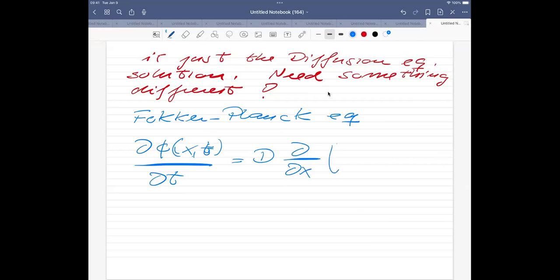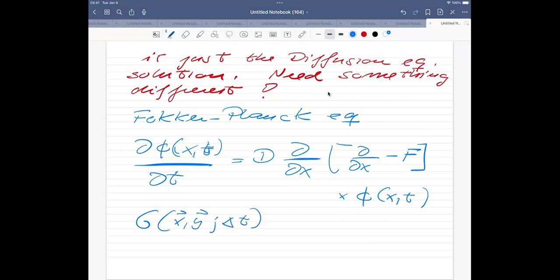So this is D, and then I have a d/dx minus this force, which now expresses an external field which acts on the system, times x of t. And this specific function then leads to an analytical form for G(x, y) in a time step delta t, which takes the following form.